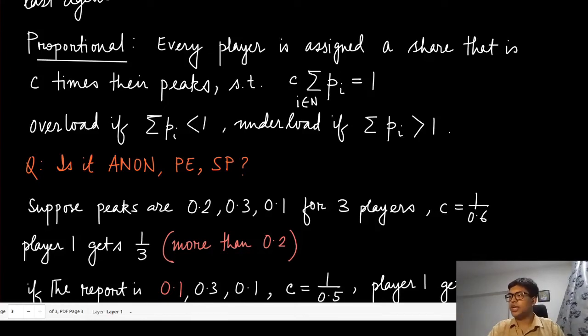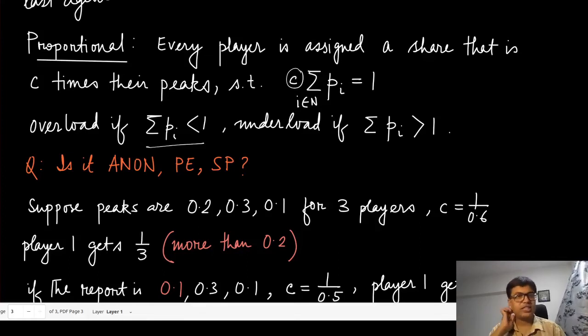So we can overload: we give C times Pi, C times their peak allocation, in this proportional method. If the sum of the Pi is less than 1, then C will be more than 1, so everybody will be given more than their peaks. And if the sum of the Pi is greater than 1, then C will be less than 1, that means everybody will get less than their peak share.